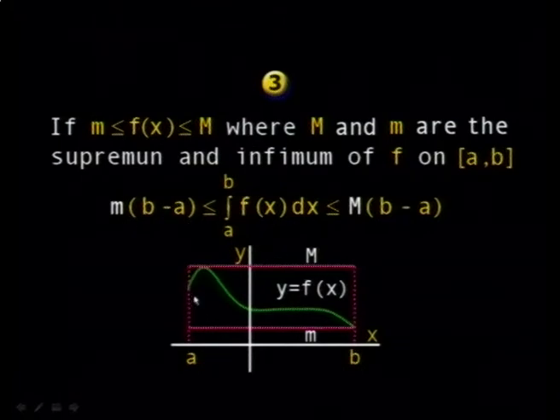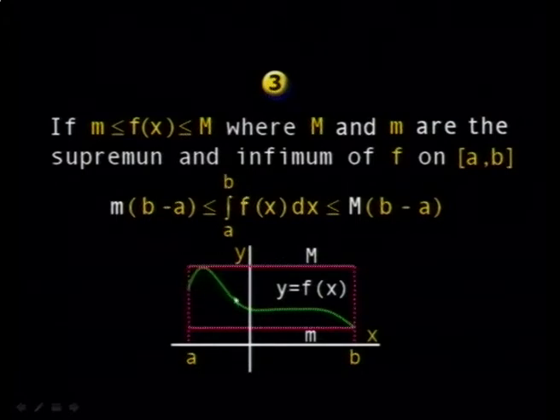How do you do this? Directly here. Look at the green graph. This is the graph of your function. The area under this curve is, of course, smaller than the upper value of the function, the maximum value of the function, or the least upper bound of the function, capital M, times the distance b minus a. Of course, the area of the greater rectangle here is greater than the area under the green graph.